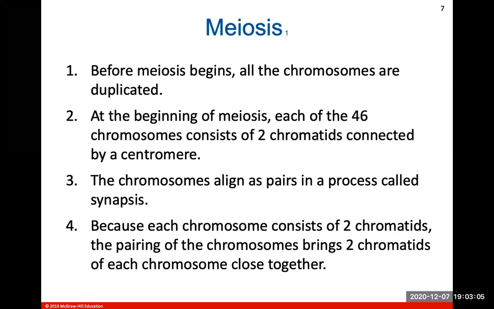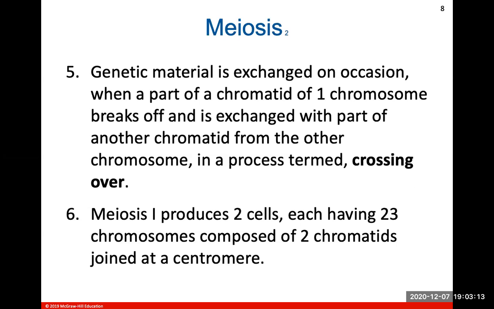Because each chromosome consists of two chromatids, the pairing of the chromosomes brings the two chromatids of each chromosome close together. Genetic material is exchanged on occasion when a part of a chromatid of one chromosome will break off and be exchanged with a part of another chromatid from the other chromosome. We call this process crossing over, where genetic material is exchanged.